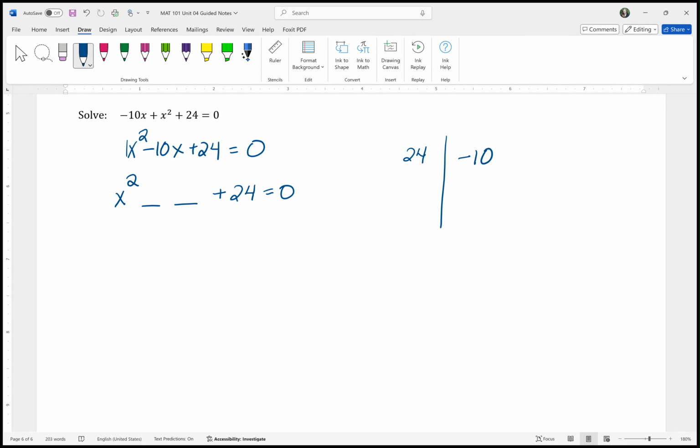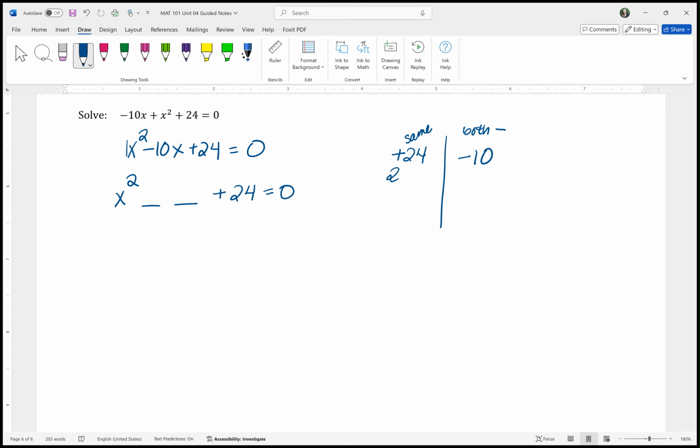Negative 10. So if this sign is positive, that means signs are the same. They're the same. That means they're going to be whatever the sign of B is. Okay, so they're the same and they're both negative because two negatives multiplied give you a positive and two negatives added give you a negative. So let's figure out what's going to give me negative 10.